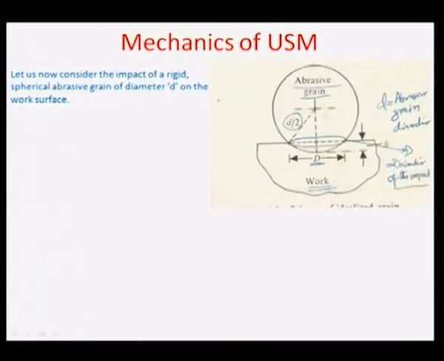In other words, it is the diameter of the crater which is formed because of the plowing of this abrasive grain on this workpiece surface. We assume here by the Shaw's theory that this grain is a perfect spherical structure.